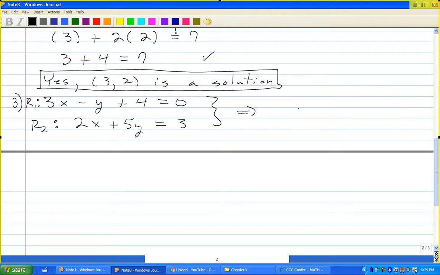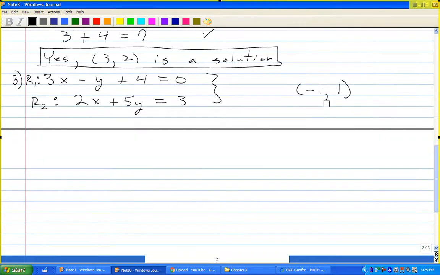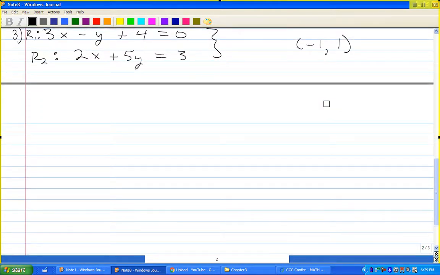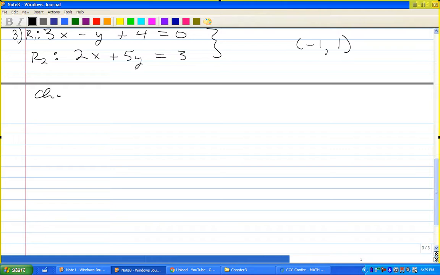So let's check. First let's check if (-1, 1) solves R1.